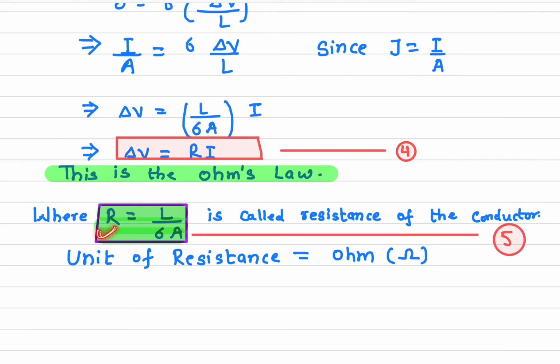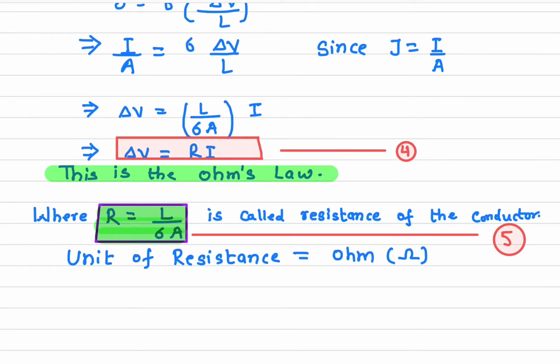And this quantity depends upon the length, that's what it shows here. So the greater the length is, the more it will oppose the flow of the electrons, and it is inversely proportional to the cross-sectional area. That means if you have a larger cross-sectional area, then the electrons can easily flow through the conductor.